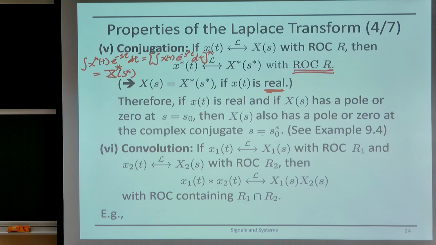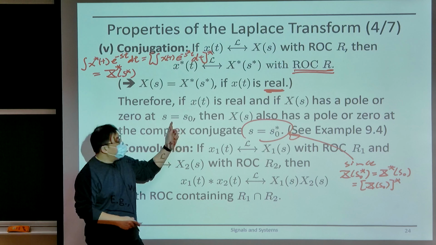I think this can be more simply said. Basically this holds since X of s naught complex conjugate is equal to X star of s naught, which is X of s naught complex conjugate.